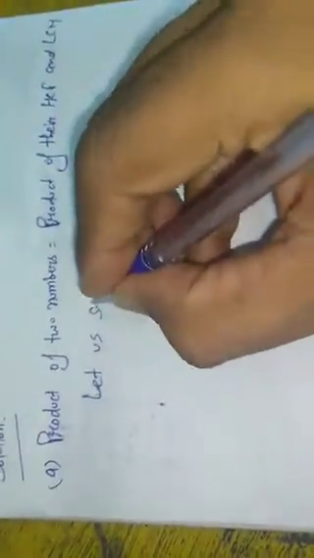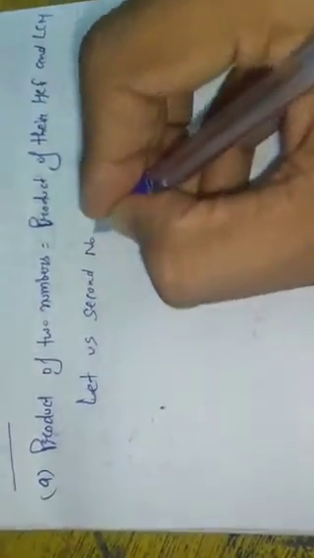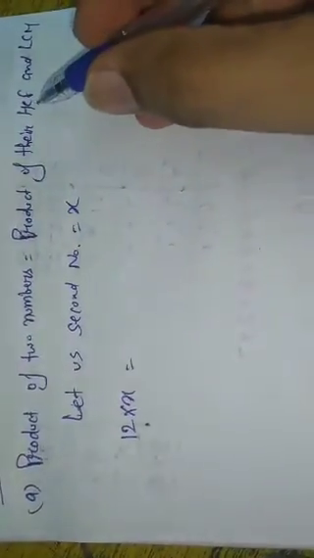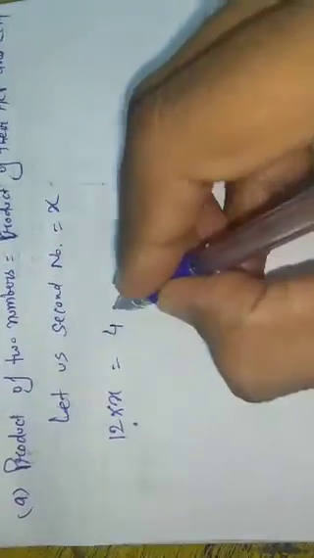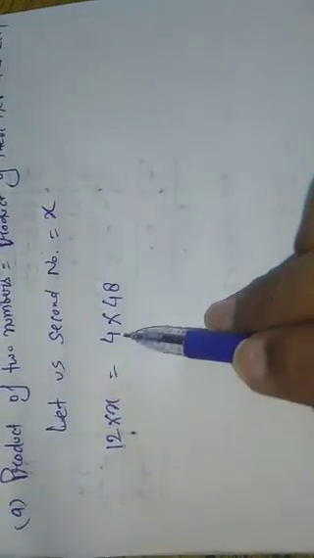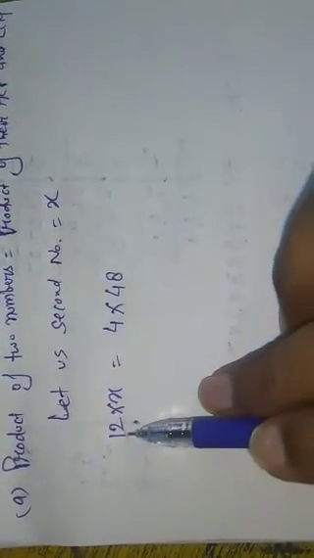So here let us suppose second number is equal to x. Product of two numbers, one number has been given 12, so you will put 12 into x is equal to product of their HCF and LCM. HCF is 4 and LCM is 48. So your equation is 12 into x is equal to 4 into 48.